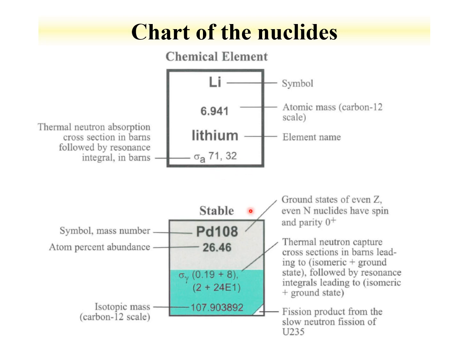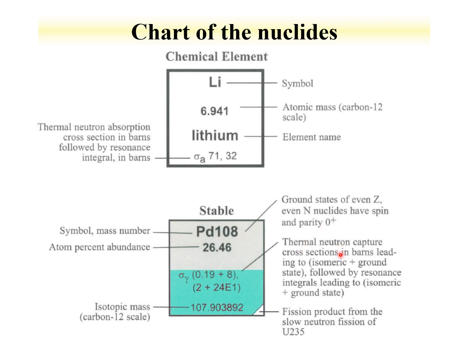For a stable isotope, which is listed in gray (stable or very long-lived isotopes are in gray), you get the symbol, the mass, the atomic percent abundance, the ground state spin and parity. As we stated earlier, even-even nuclei are 0+.